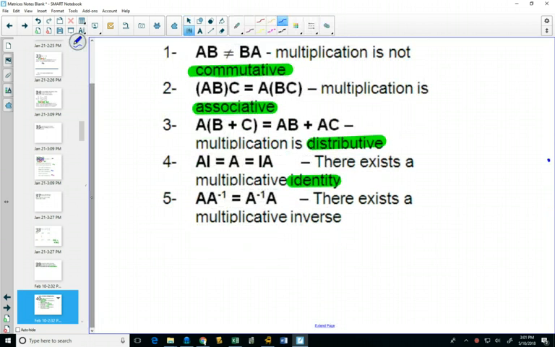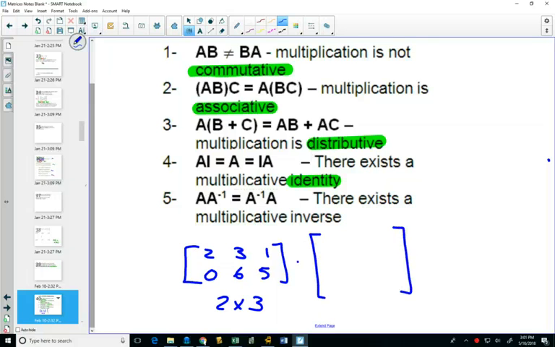If I have 2, 3, 1, 0, 6, 5, which is a 2 by 3, and I wanted to multiply, what I need to multiply is a 3 by 3.